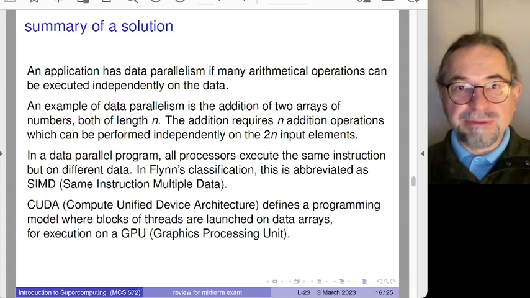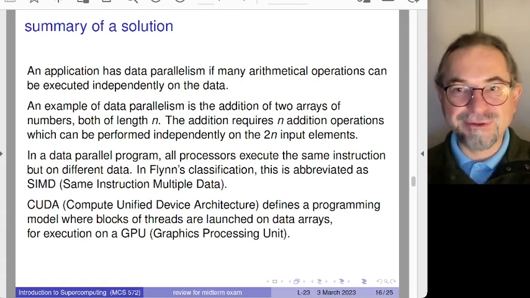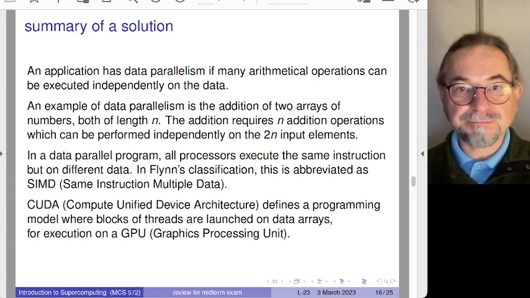In your answer, what is important is that an application is data parallel if the operations on the data can be done independently. So one classical example, one very easy example, when we considered an easier introduction to data parallelism, to GPU acceleration, was the addition of 2 vectors. So every sum operation on the elements can be done independently from all the other ones.